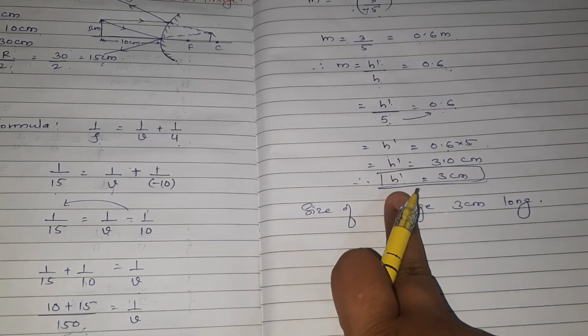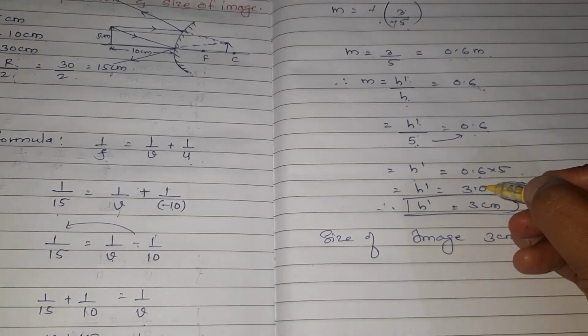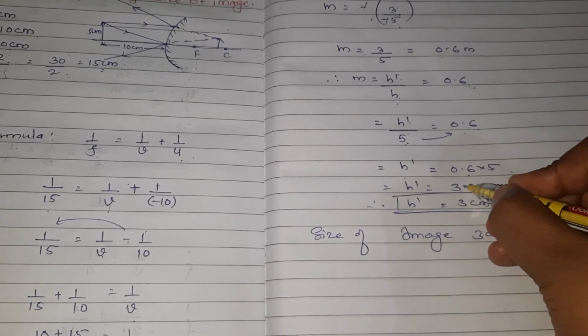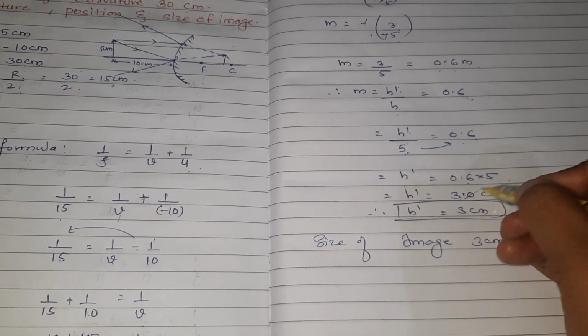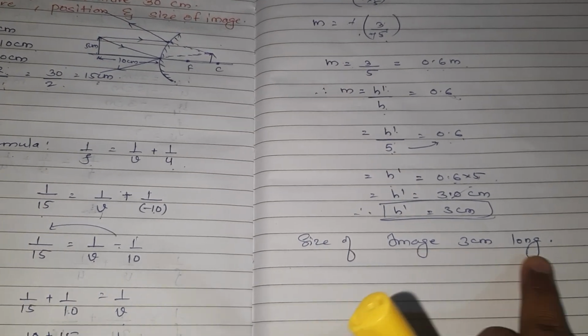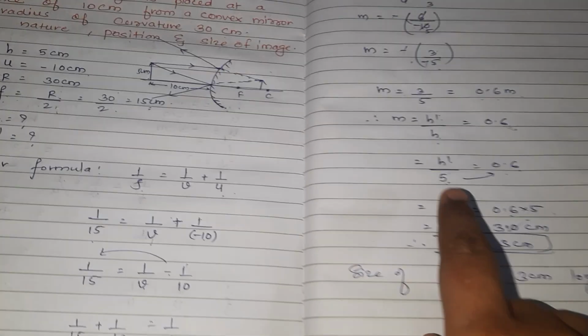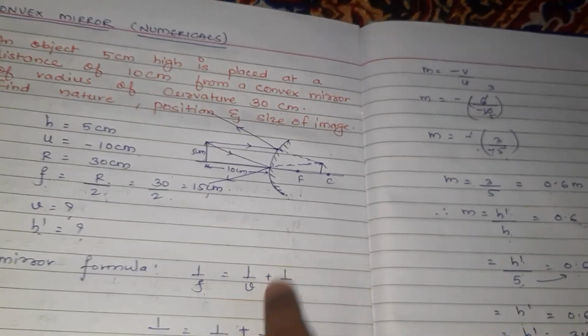So the height of the image is 3 centimeter, because if there is a zero after the decimal point, it is cancelled. Now the size of the image is 3 centimeter, so the image is 3 centimeter long. It is present behind the mirror. It is virtual and erect.